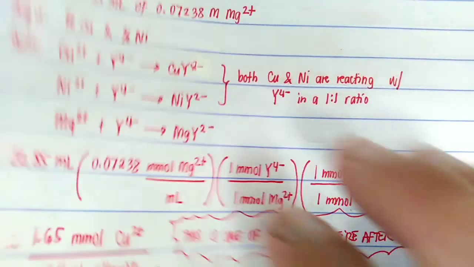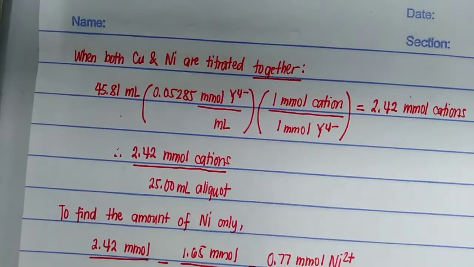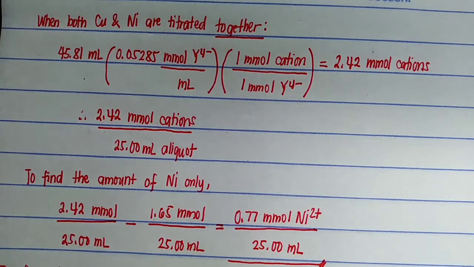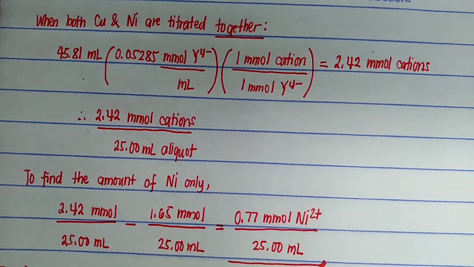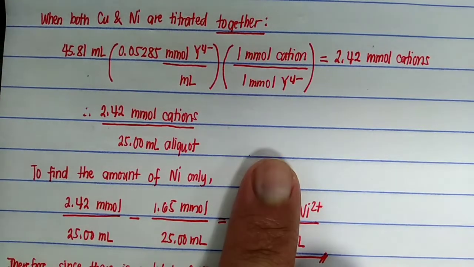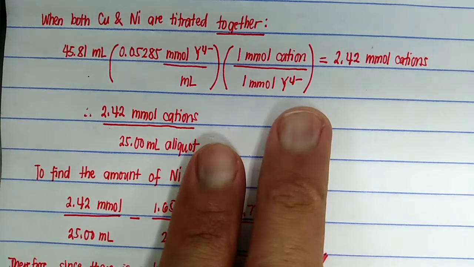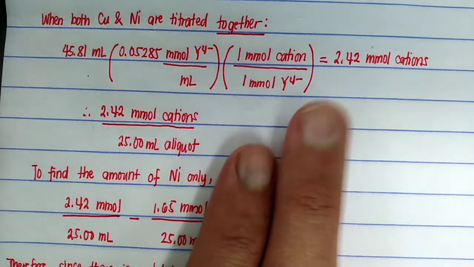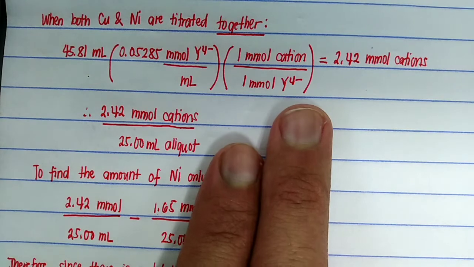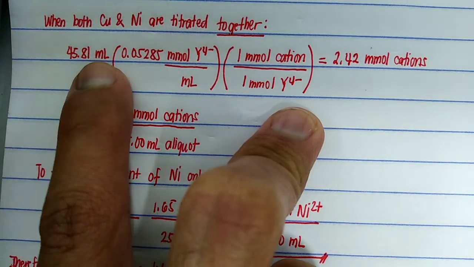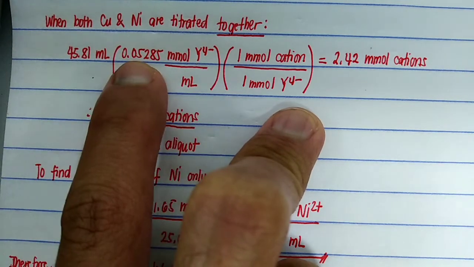So moving on to the next page. So we've already treated that data wherein there's only one analyte present. The last thing that we deal with is when both analytes are present altogether. In this case, they were both present when I used up 45.81 ml of the EDTA.